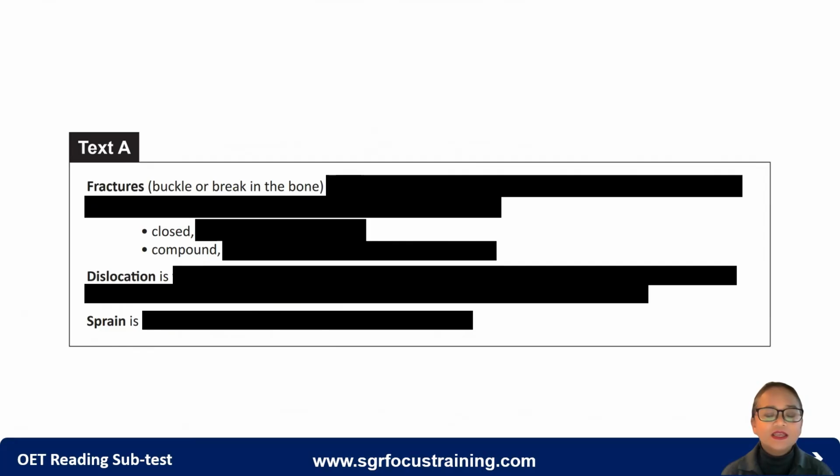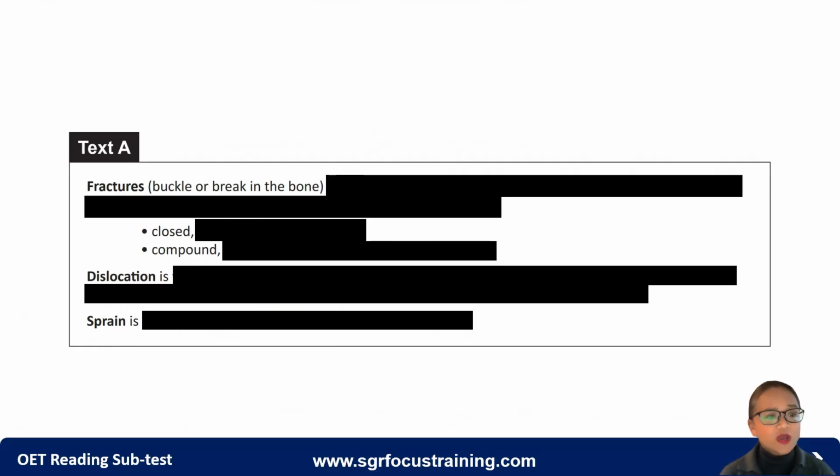And what you can see in here is I've hidden some details from you, because you don't really need to read them, okay? Number one, you can use your grammar knowledge, okay, to give you an idea what the text is all about. Secondly, you can also use your medical knowledge, okay? Let me show you how.